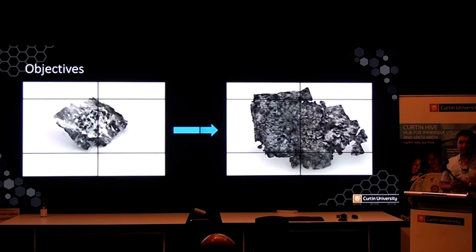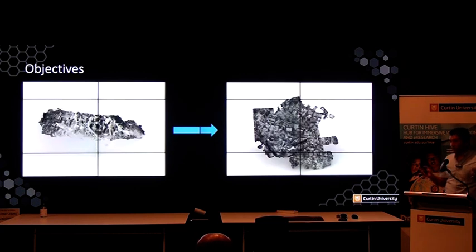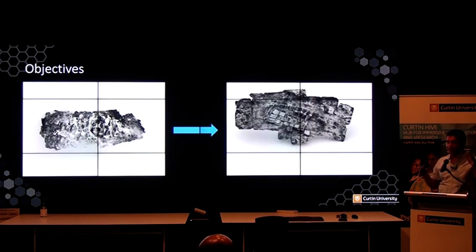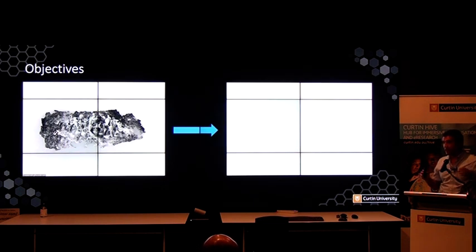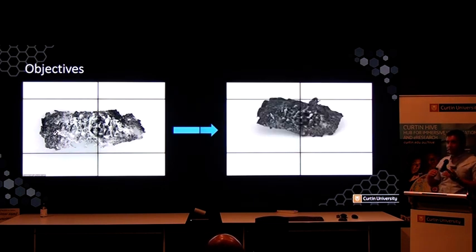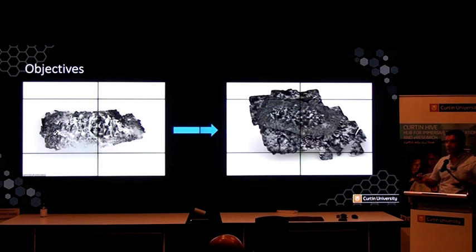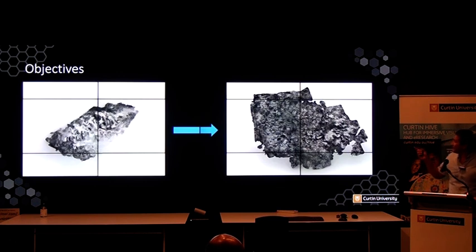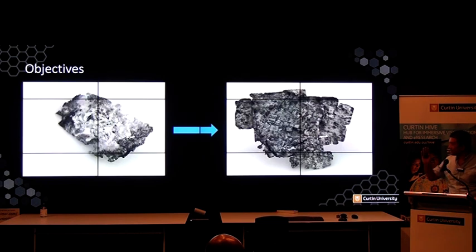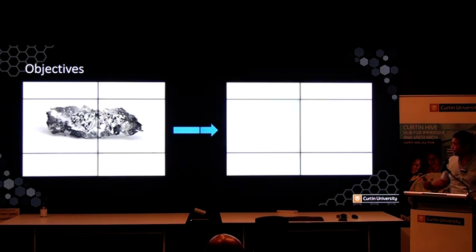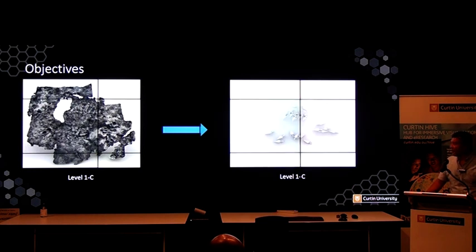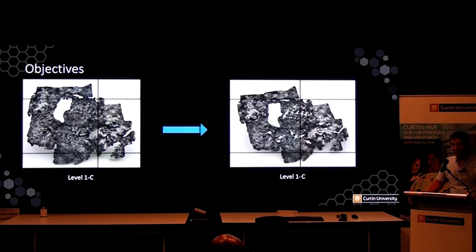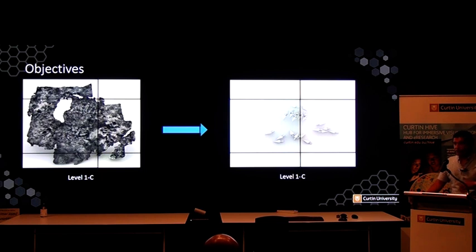So simply, when they discovered the ship, divers started to remove and extract all the amphoras at the surface. Then they got another surface underneath and started to extract it, and so on until they reached the bed of the sea, the bed of the ship. So building all the 3D models for the whole cargo was the second step. And the third one was building a 3D CAD model for the cargo, for each level, and consequently for the whole cargo.